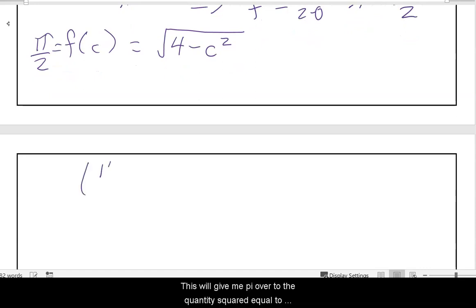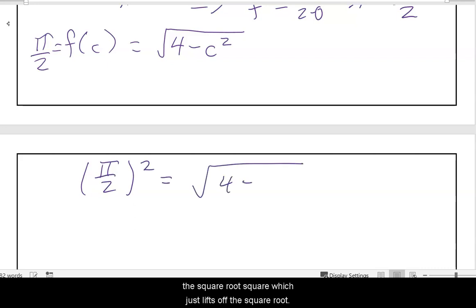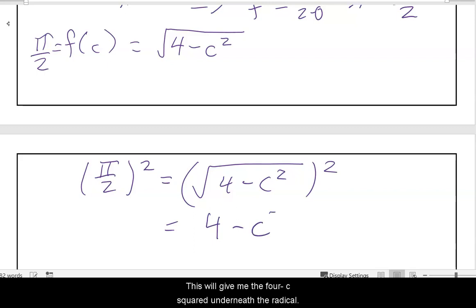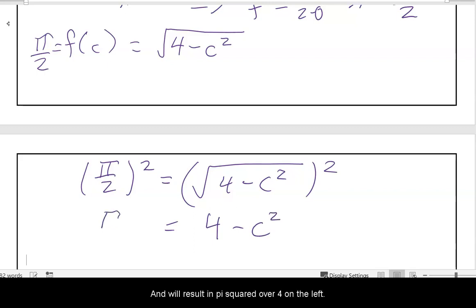This will give me pi over 2, the quantity squared, equal to the square root squared, which just lifts off the square root. This will give me the 4 minus c squared underneath the radical, and will result in pi squared over 4 on the left.